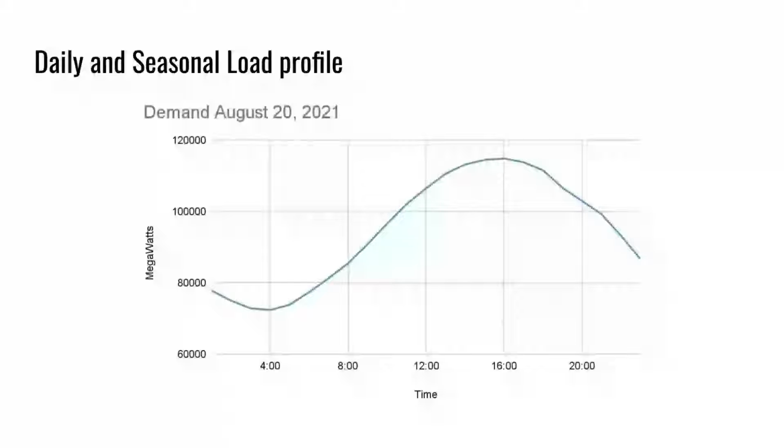Since the power costs are the largest part of the pie, let's look at how those are calculated. This curve shows the load on the August 20th of last year. You can see the highest point of the curve happens a little bit before 4 o'clock in the afternoon.